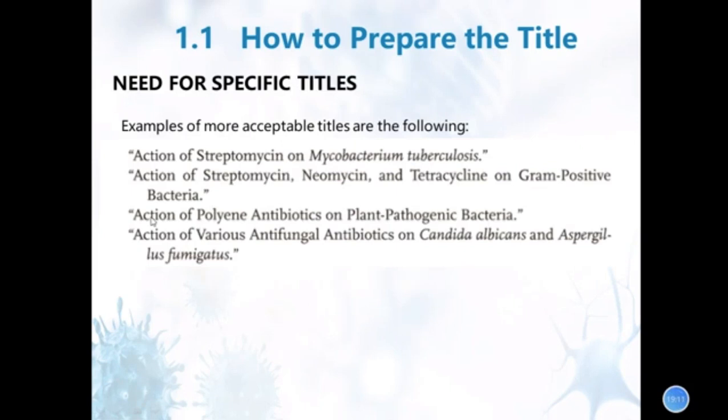The third title is "Action of polyene antibiotics on plant pathogenic bacteria." They mean one group of antibiotics and one group of bacteria. Also, "Action of various antifungal antibiotics on Candida albicans and Aspergillus fumigatus" is also good.